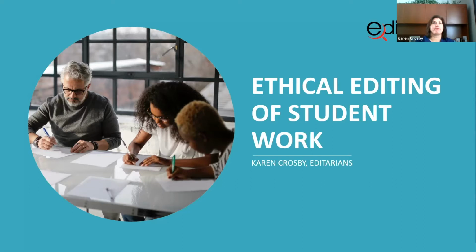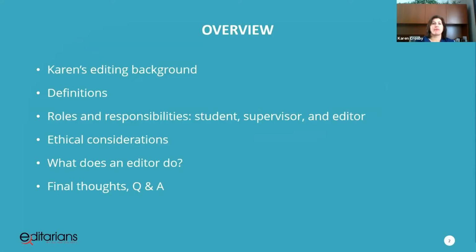So I'll start by giving you a bit of a background into my editing qualifications and experience. We'll define some terms so we're clear on what we mean when we talk about academic writing and academic misconduct. Then we'll dive into the nitty-gritty of today's webinar, namely what is involved in working with a professional editor, and is it ethical if you are a student?